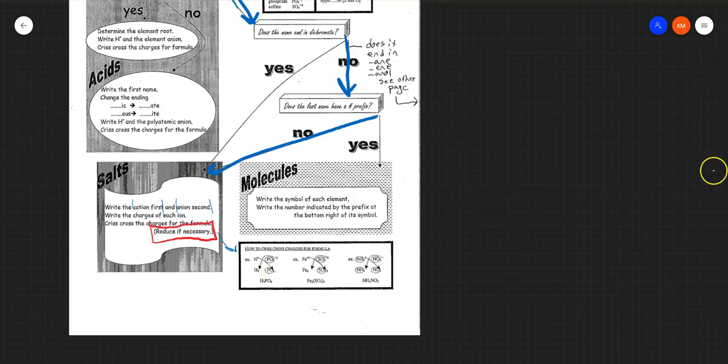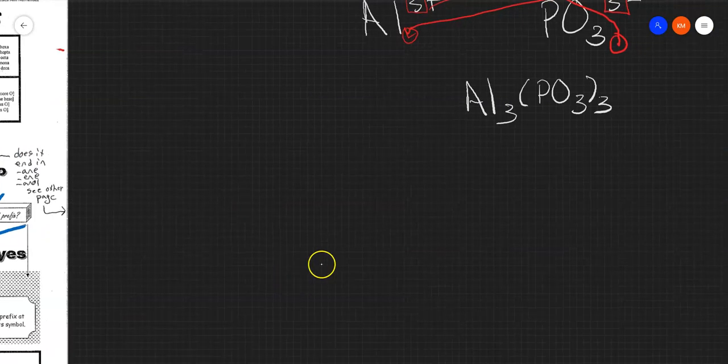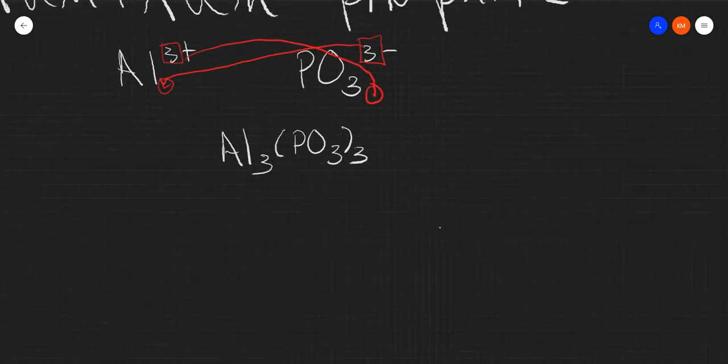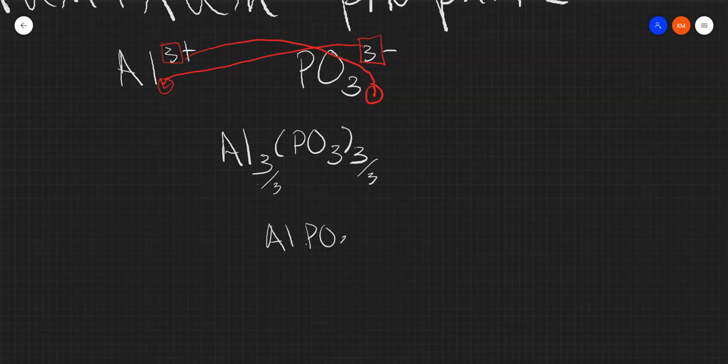What that means is if we can reduce our subscripts, we need to reduce our subscripts. And so I can actually divide this by 3, and end up with Al PO3. And it's the same ratio, 1 to 1. And so this is my final formula, AlPO3. That's what it means by reduce if necessary.